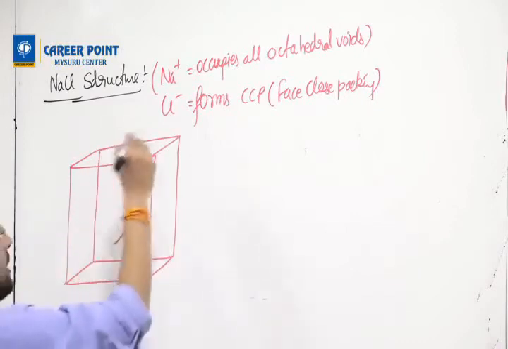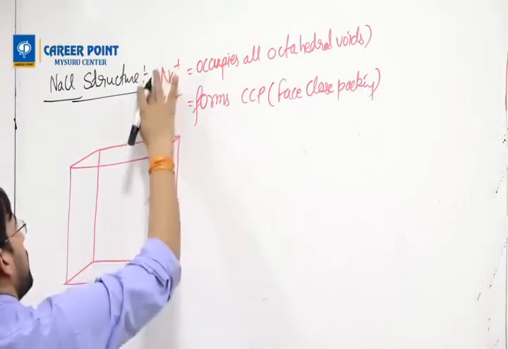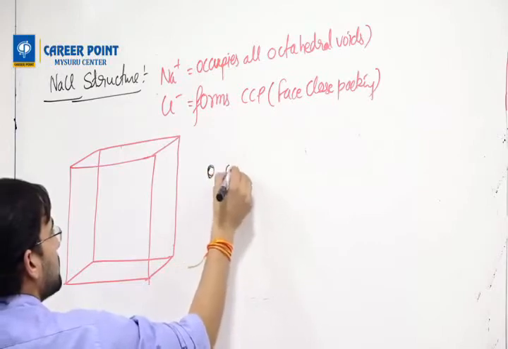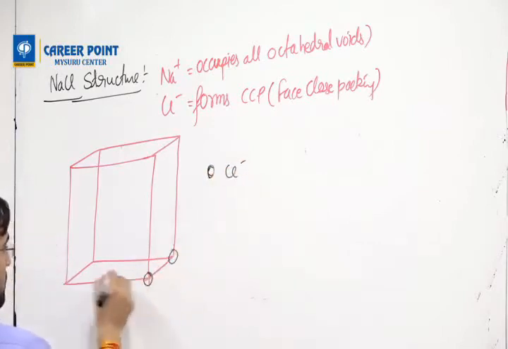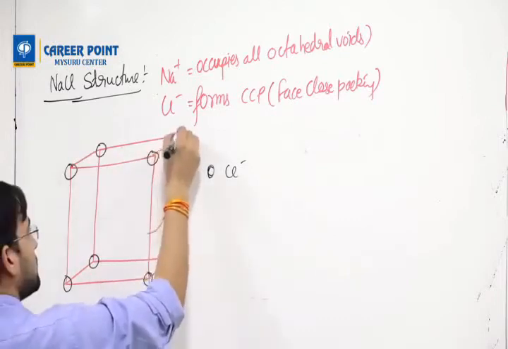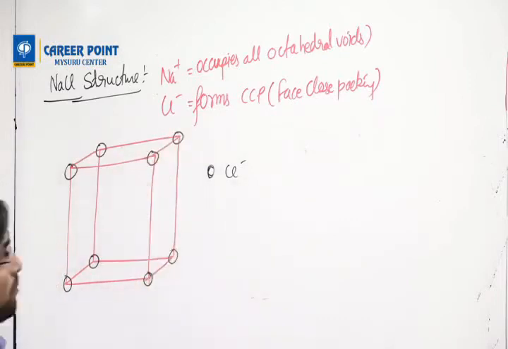The Cl minus I'm going to plot with open circles, or empty circles, at all corners and at all face centers, so we will draw face centers also.